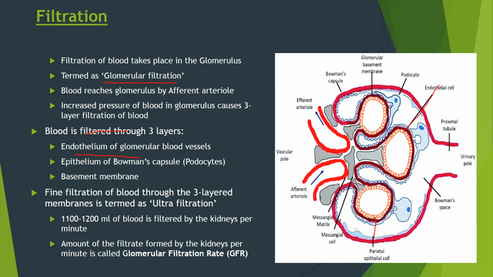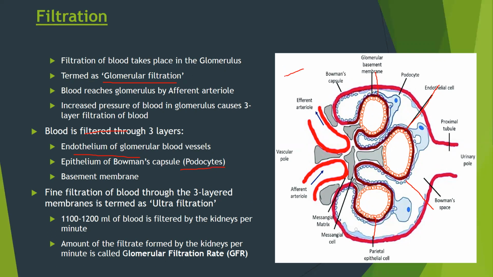Then you can see the maroon color layer, which is the basement membrane. Then it passes to the 3rd layer, this blue color layer, which is the epithelial cells of Bowman's capsule. These epithelial cells of Bowman's capsule are known as podocytes because they are foot-like.